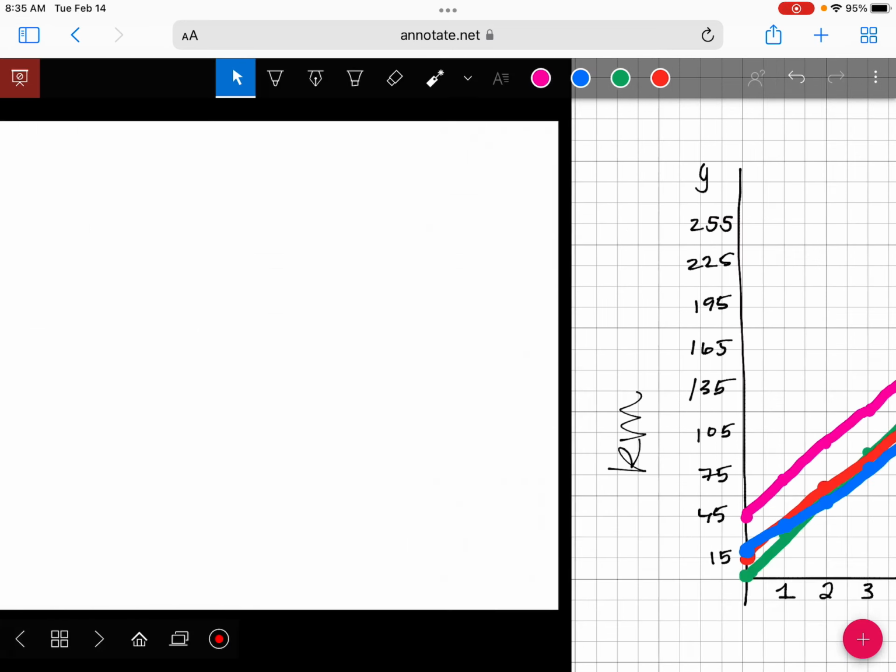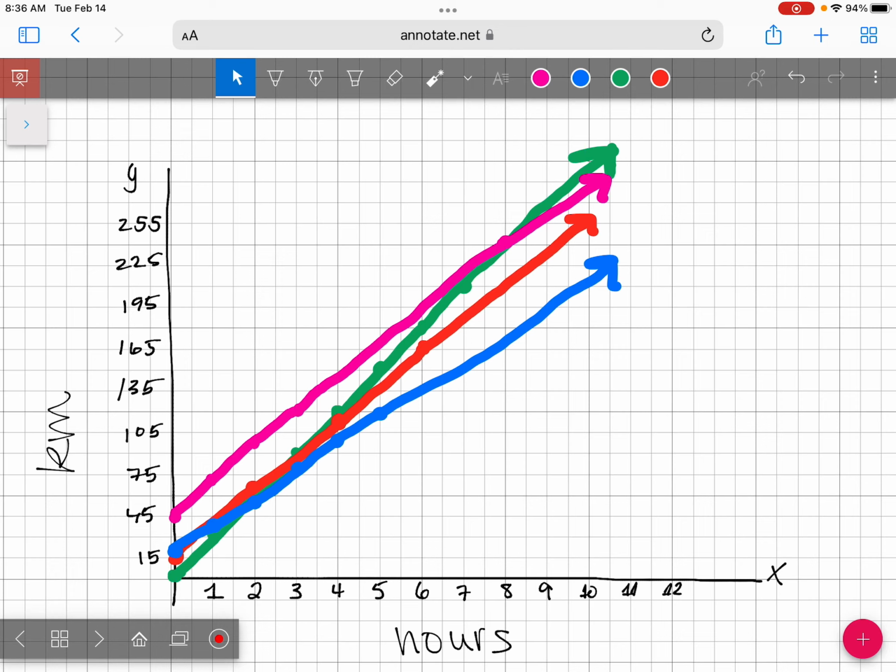Don't pay attention to my graph because it's harder to read than yours. So when will Ryan pass Dan? And how can we know when he does that, or if he does? Think about cycling, okay?